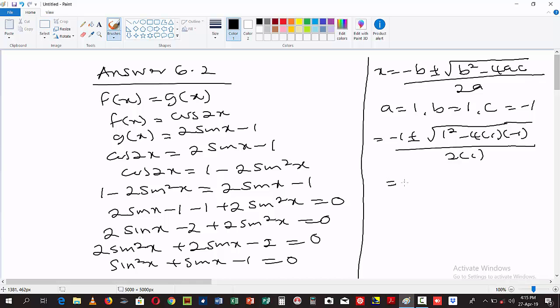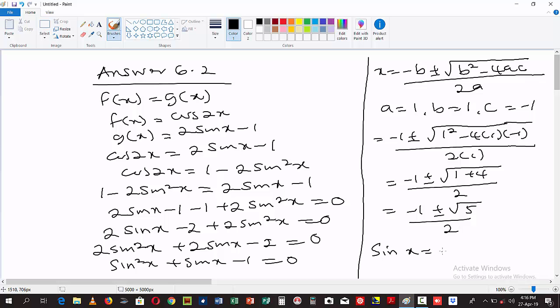Which gives us minus 1 plus or minus the square root of 1 plus 4, divided by 2. We are going to have minus 1 plus or minus square root of 5 divided by 2. This is our sine x.